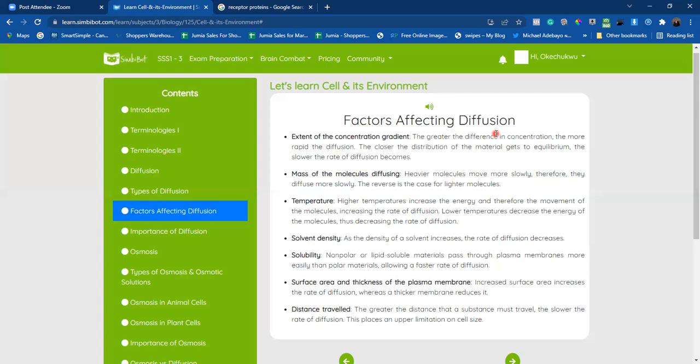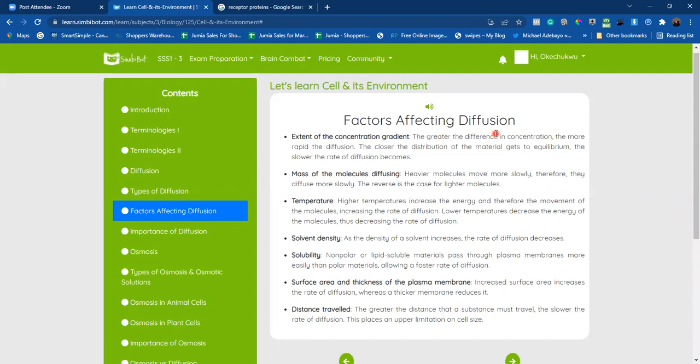Number 2, mass of the molecules diffusing. The heavier the mass, the slower the diffusion. The lighter the mass, the faster the diffusion.